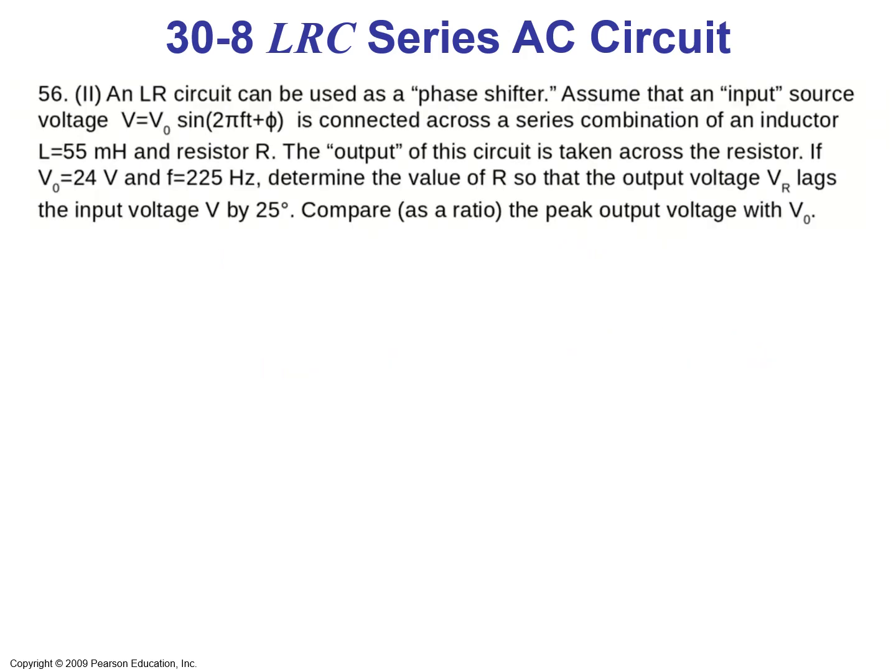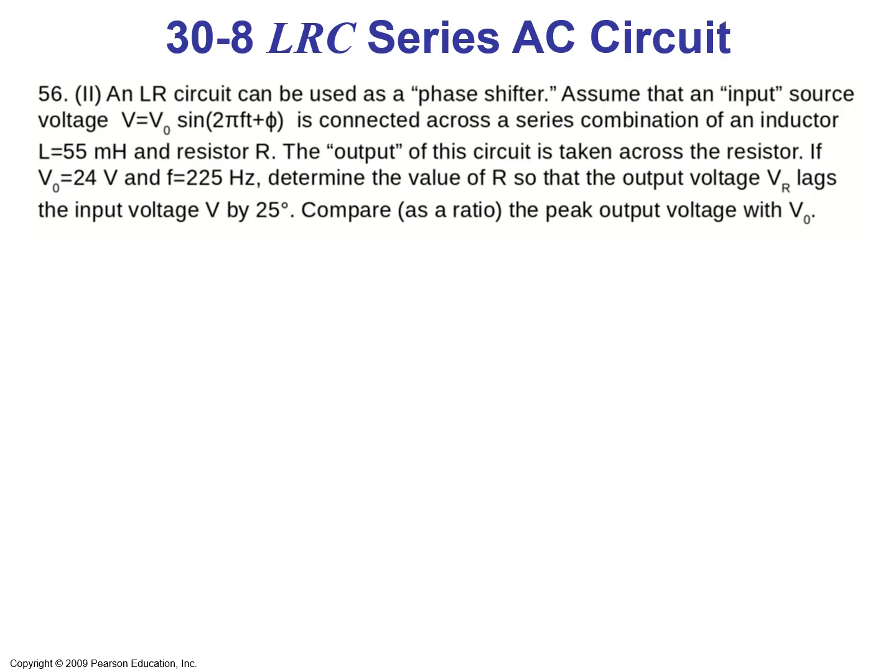As another example, I look at problem number 56 in the book. An LR circuit can be used as a phase shifter. Assume that an input source voltage V equals V0 times sine of the quantity 2 pi ft plus phi is connected across a series combination of an inductor L equals 55 millihenry and resistor R. The output of this circuit is taken across the resistor.